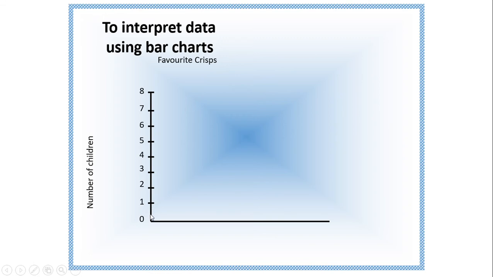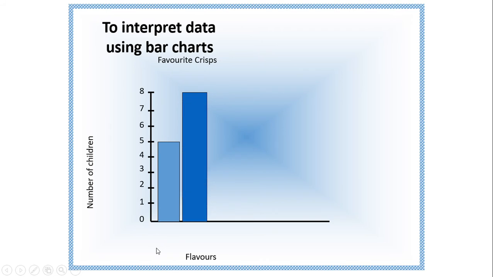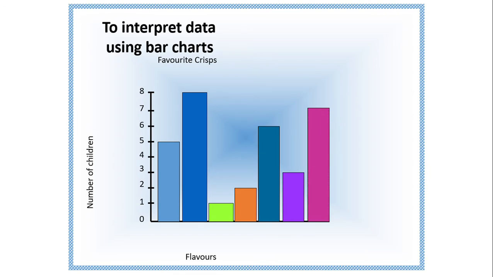And we have a really simple scale here with intervals of ones. Our x-axis, which is horizontal, shows the different flavours of crisps. Each bar represents the amount of children who chose the different flavours.